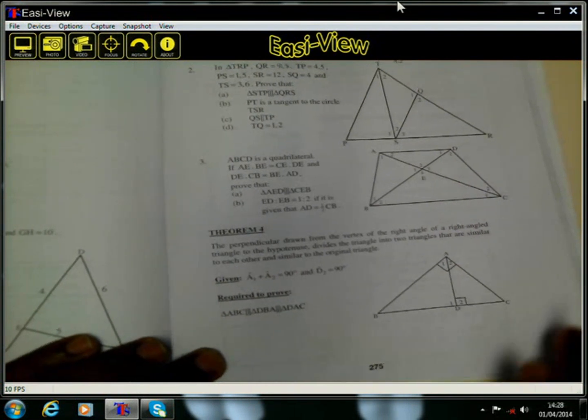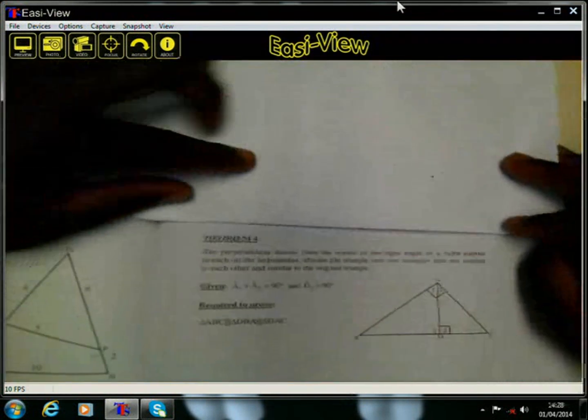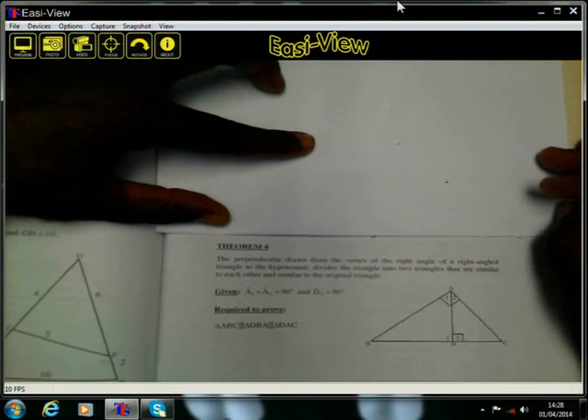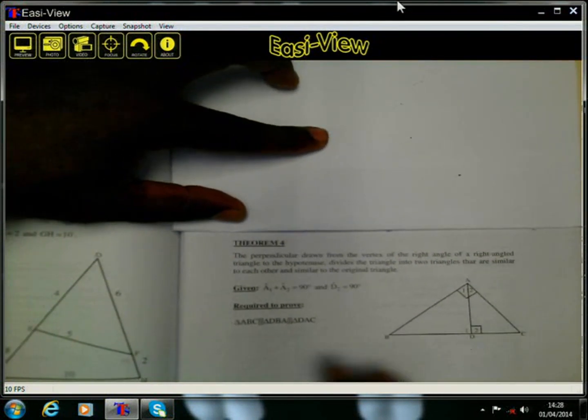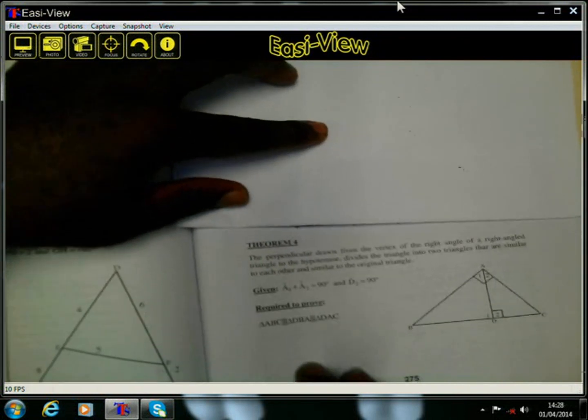The theorem reads as follows. Let me quickly do this so that we can have a clear understanding of what I'm talking about. Let's forget the top part there. This is the theorem in question.